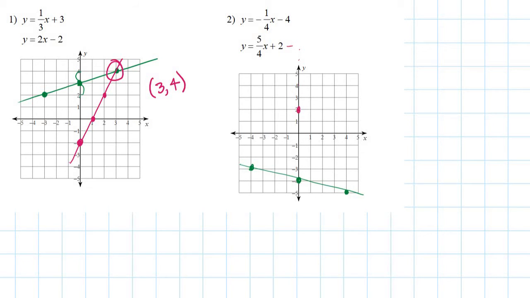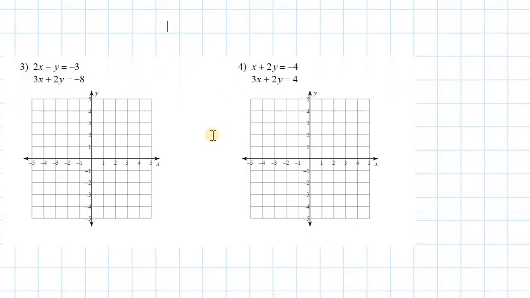But I could go backwards, meaning I could go 1, 2, 3, 4, 5 down, and 1, 2, 3, 4 left, and that way I would still get a positive line, and I can find my intersecting point here, which is at negative 4, negative 3. Cool.